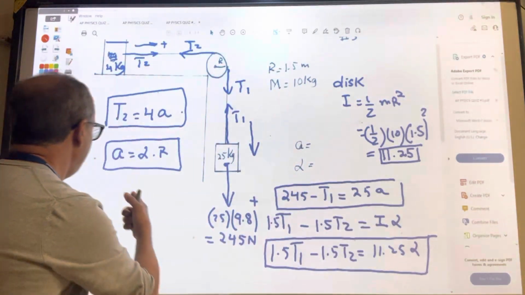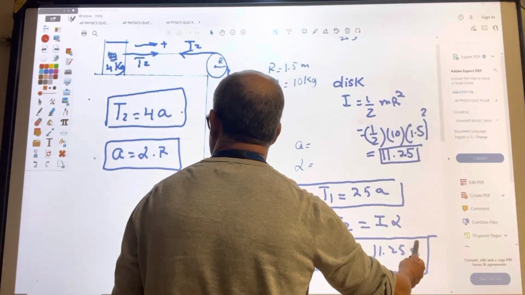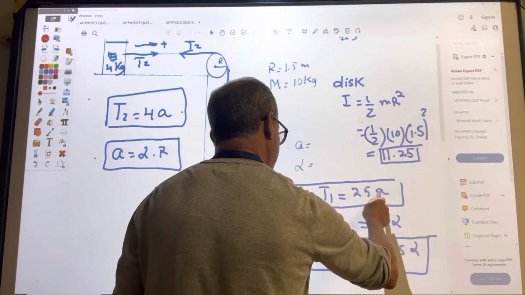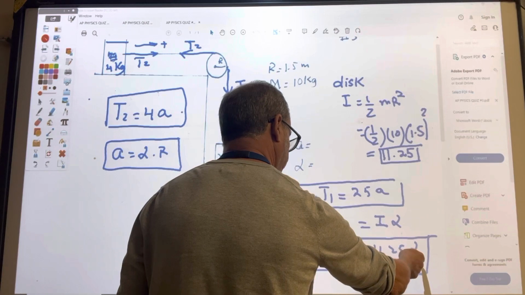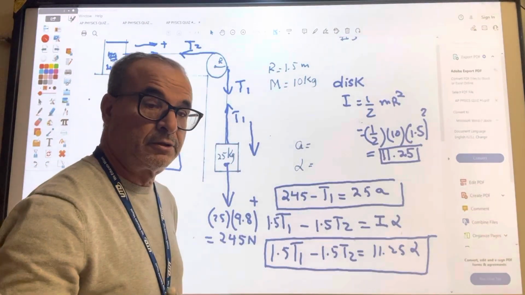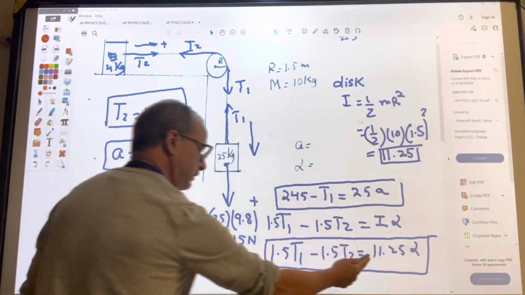So we can change alpha to A, because we have A, T1, and T2 if we have alpha in terms of A, and then we'll be able to solve it. We'll have 3 equations and 3 variables. Let's change alpha in this equation here.